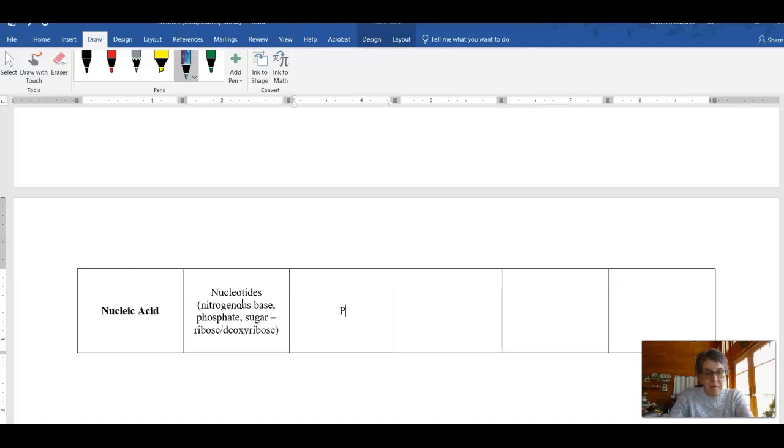Okay, so we have pancreatic nuclease for RNA, pancreatic deoxyribonuclease, nuclease for DNA, and then brush border nucleosidases, from either the pancreas or the microvilli, brush border.